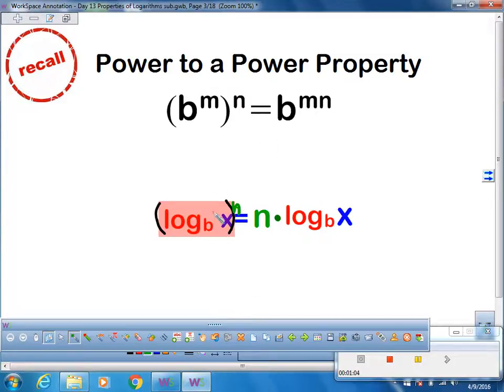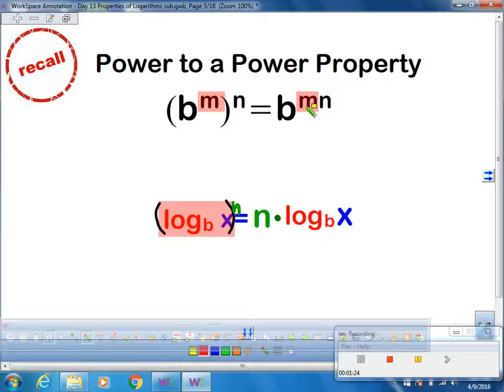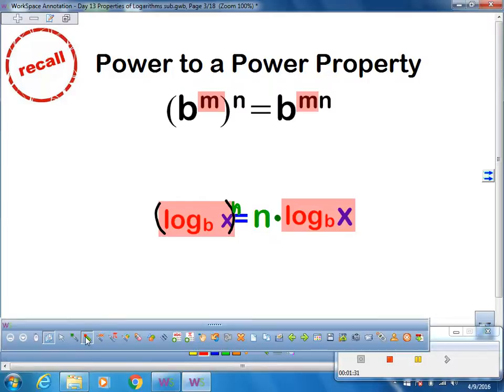We'll pretend this power is the same thing as this m right here. So when you raise an exponent to an exponent, you're actually multiplying the two exponents. We're multiplying this exponent by this exponent. So whenever you see a power to a power, you can bring it out in front and multiply it.